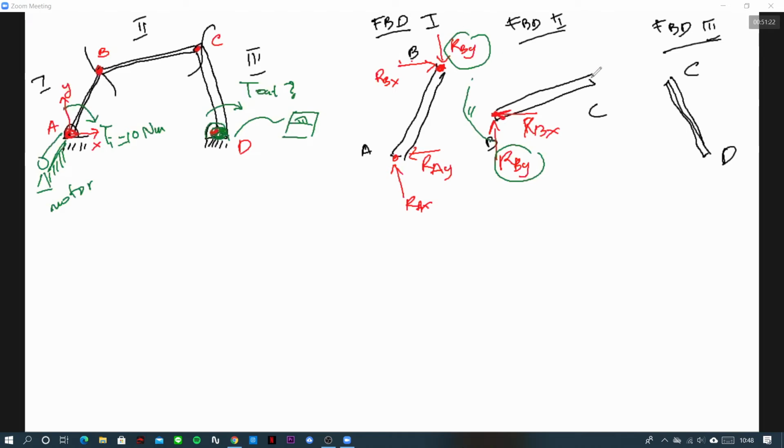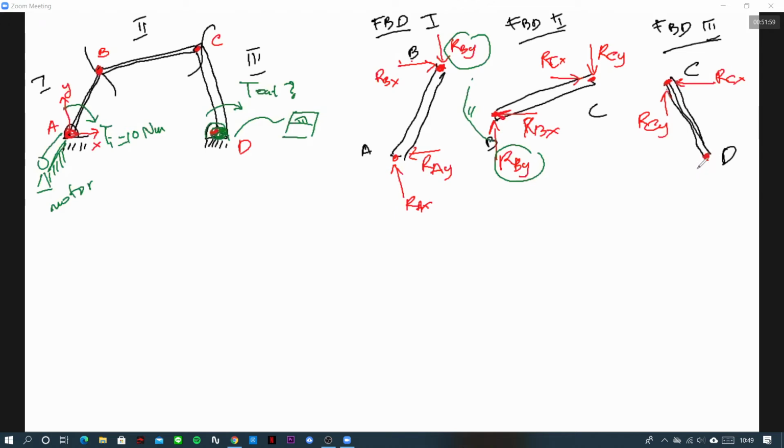Right, how about point C? Point C also has a reaction force. Let's assume in this direction RCX, and in this direction RCY. Here also, the reaction force at point C for body 2 and at point C for the other body should have the same value, but the direction should be opposite, RCX and here RCY.